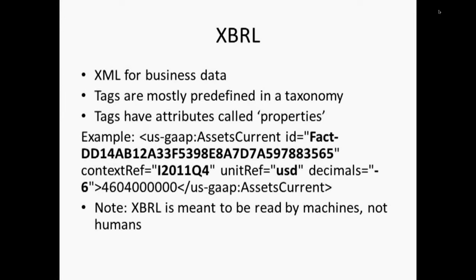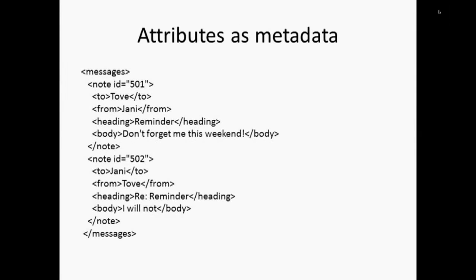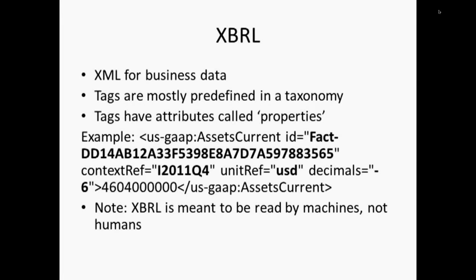Okay, here it says ID equals fact dash DD14, etc. All the way to here. What does that mean? What is this ID? It's just a unique identifier for this particular tag.